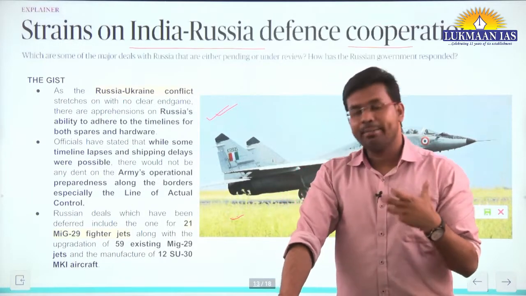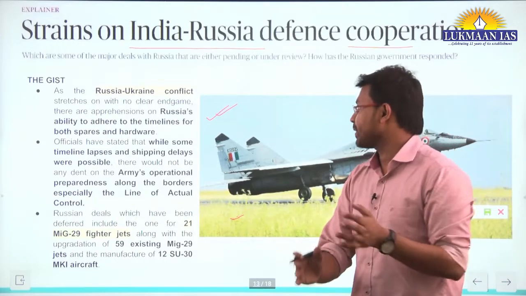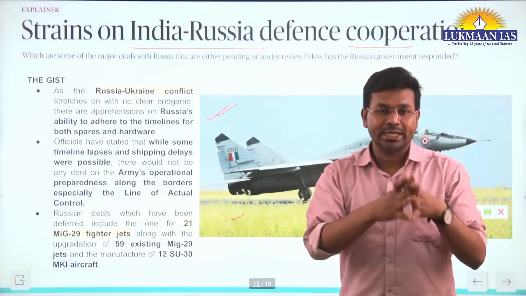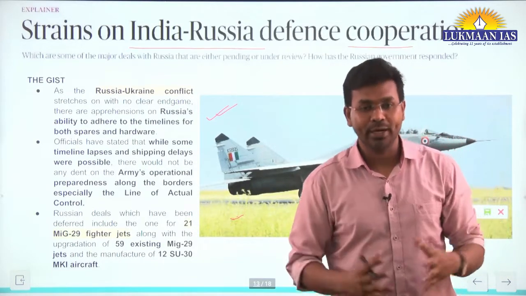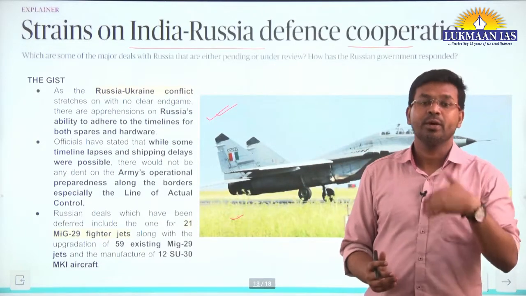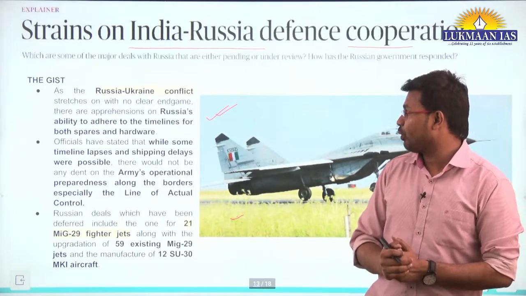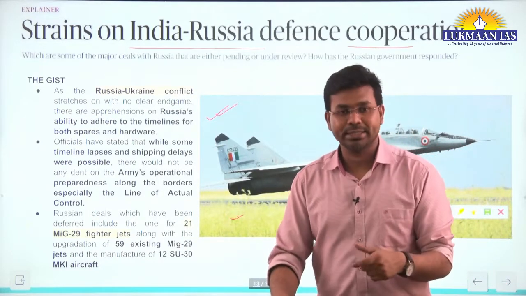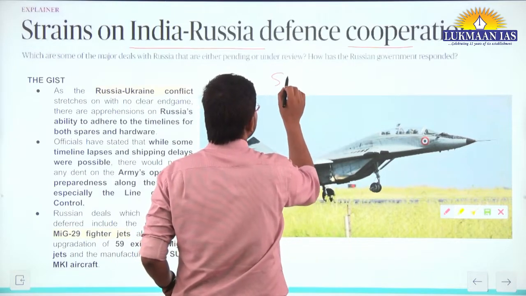Earlier also we faced difficulties in making payment to Russia, but because of the ongoing Russia-Ukraine conflict, that conflict is happening for more than 4 months now, okay. During this process Russia was also pushed away from the SWIFT network.